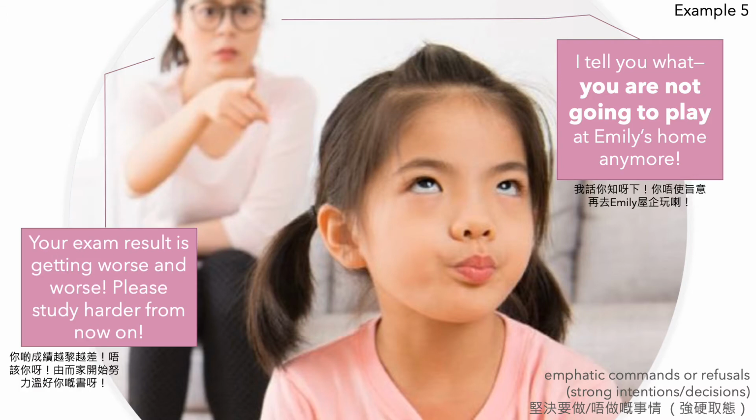Your exam result is getting worse and worse. Please study harder from now on." Now, this is an emphatic command. This mother has a strong intention or decision of not allowing her daughter to play at Emily's home.